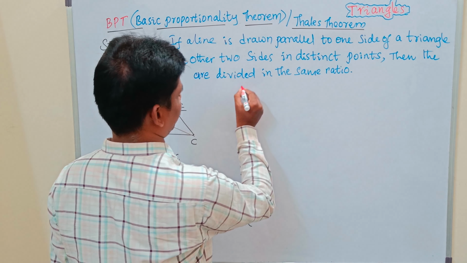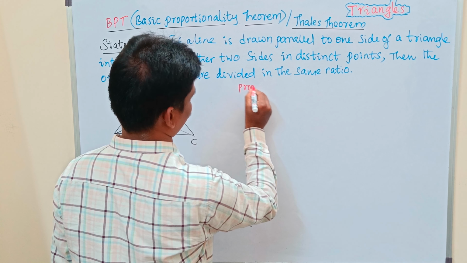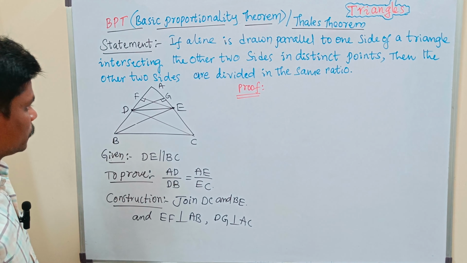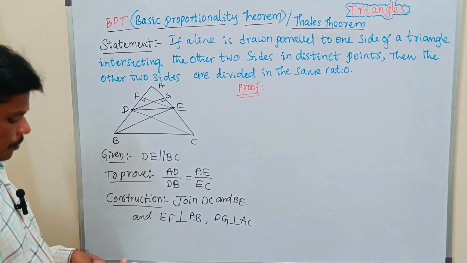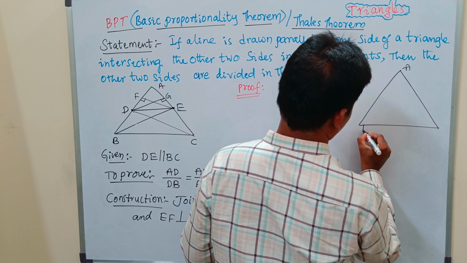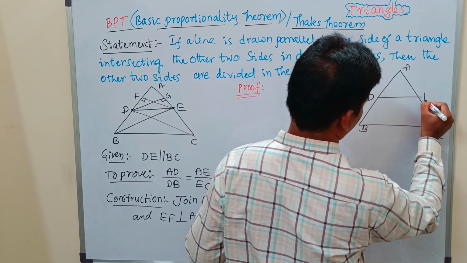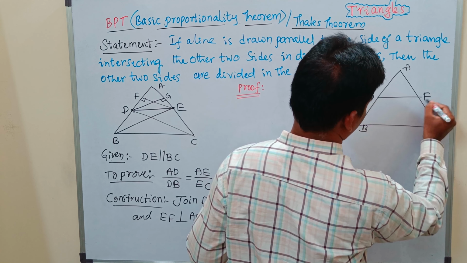How to prove that? Proof. Take the triangle ABC and draw a line DE parallel.